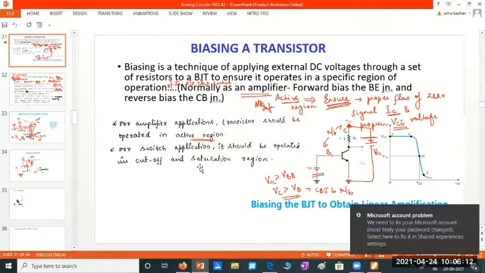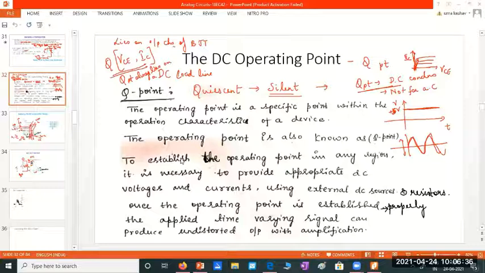We saw this yesterday. We defined the DC operating point. This DC operating point, also known as the Q point, the meaning of Q is quiescent, and it means silent. It's called so because it operates only for static DC conditions and not for AC.